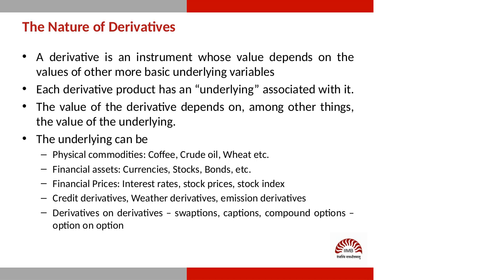And emission derivatives are the classic example of financial engineering, as we would call it. What happened? We all know now, very recently, you had the COP26 in Glasgow. You had the famous COP21 in Paris a few years back. That is basically the Conference of the Parties on climate change that keeps happening every year.